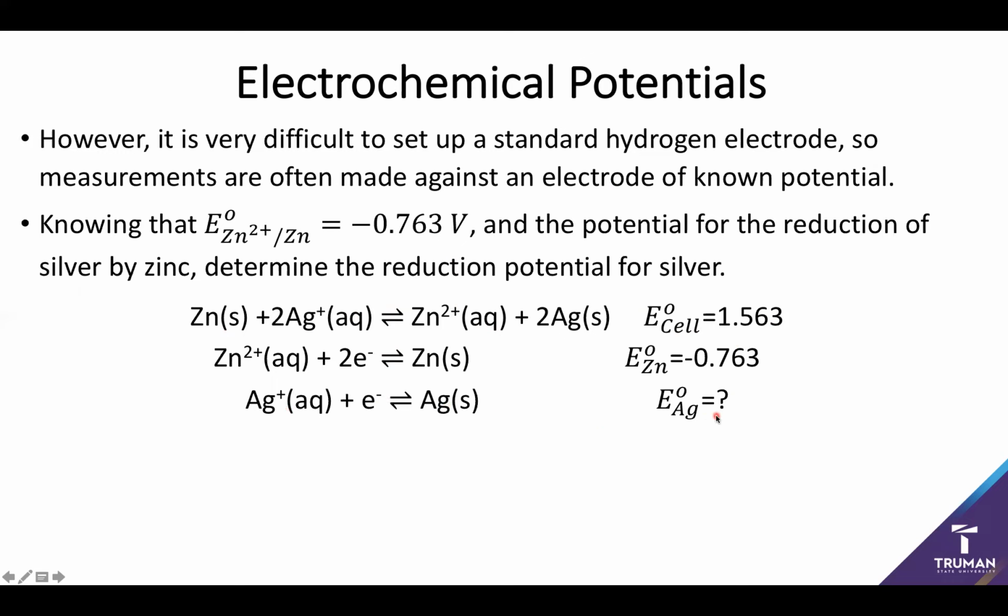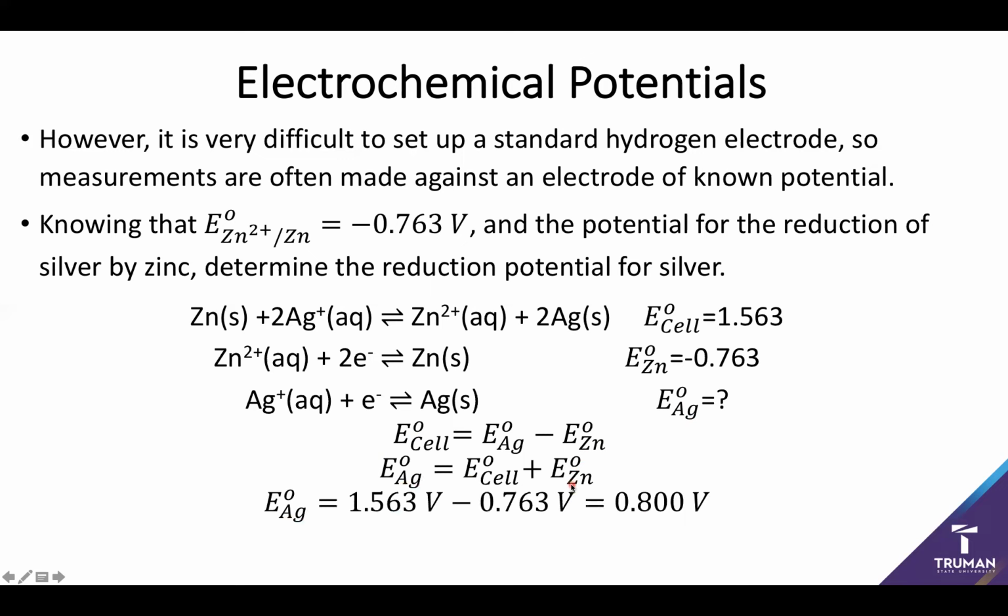So I don't know this potential, but I know the potential of my cell should be the reduction potential of my reduction reaction, cathode, minus the reduction potential of my anode, in this case, zinc. So doing this, I can rearrange to solve for the potential of silver, and it'll be my cell reaction plus my zinc reaction. In this case, about 0.8 volts. And there you go. That is the reduction potential of silver.